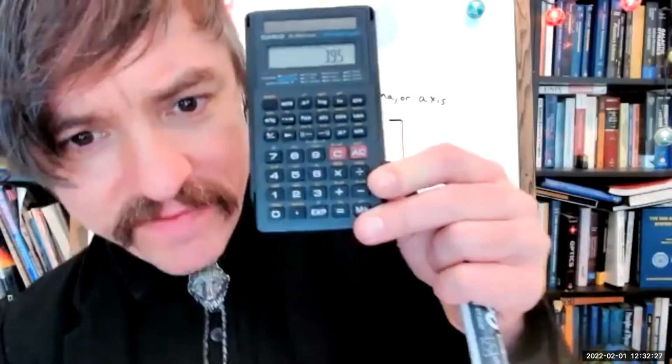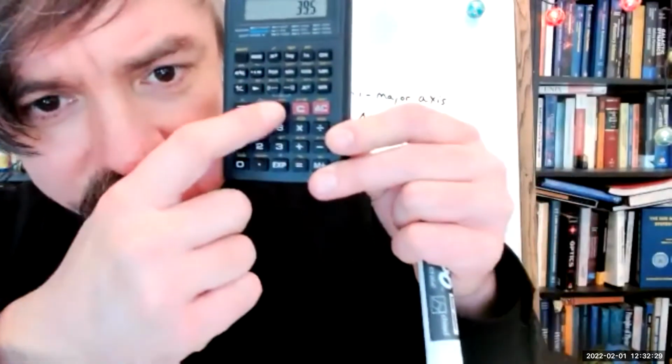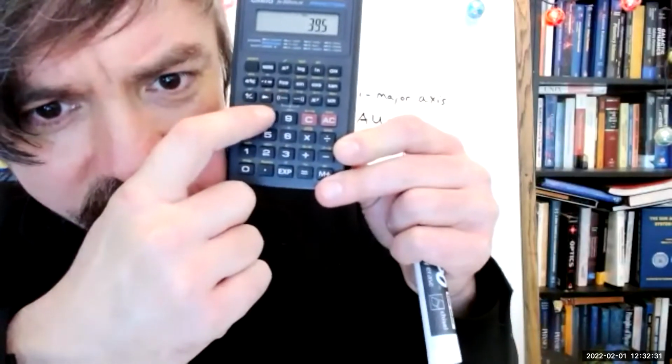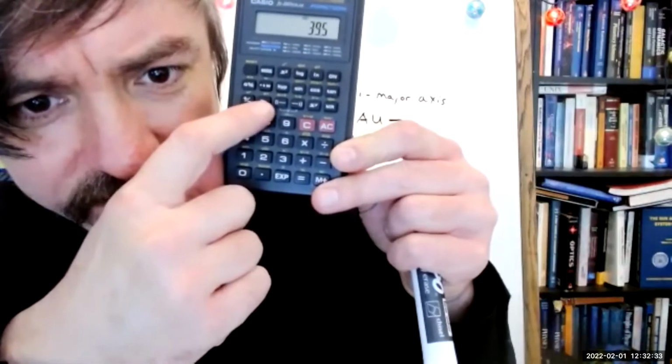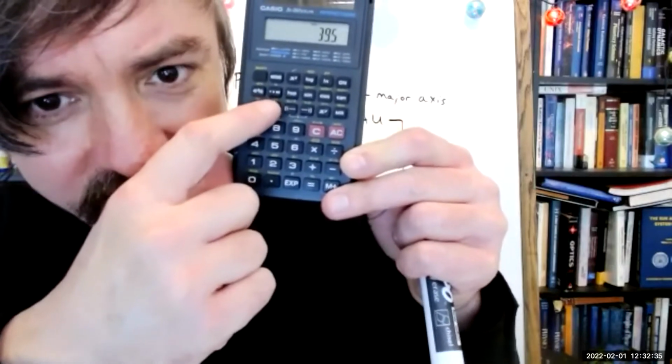We're going to start by plugging in the A, 39.5. And then we are going to cube it. Now, I'm having some focus issues. Remember how I had to fix my focus? For X cubed, you have to hit shift, but it's above the backspace key here.